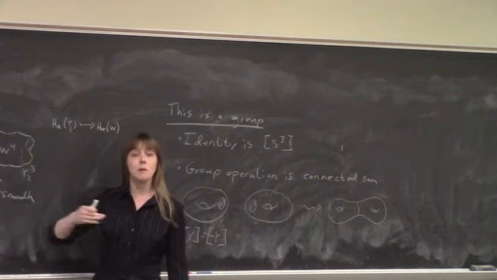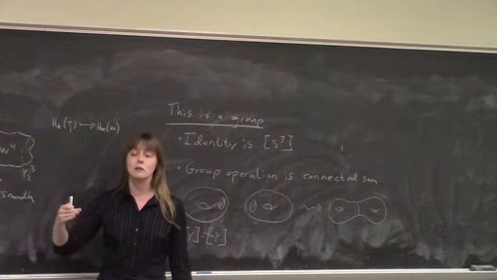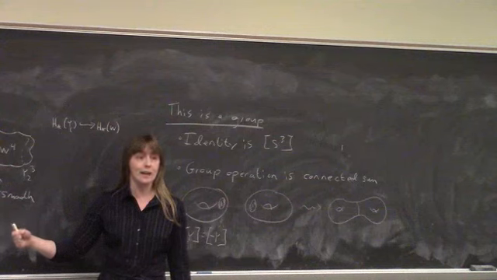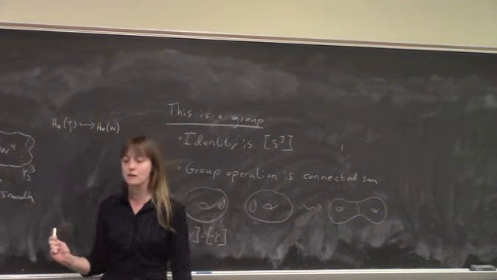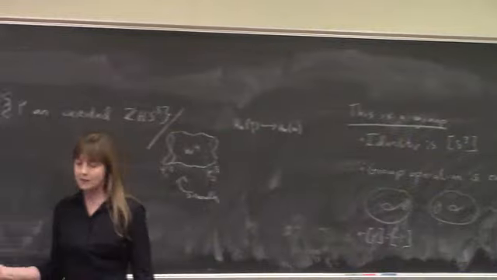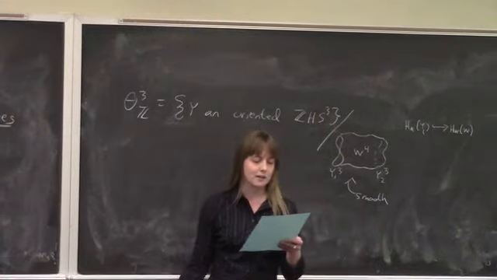Another way of saying that is up to cobordisms that cannot be distinguished from a cylinder S3 cross I using this invariant, homology. So fairly simple 3 manifolds up to fairly simple cobordisms, and yet there's going to be a lot of information here.